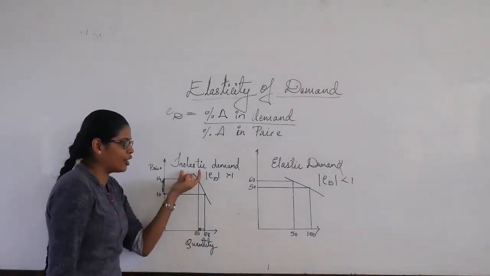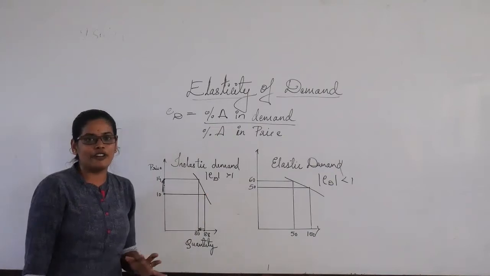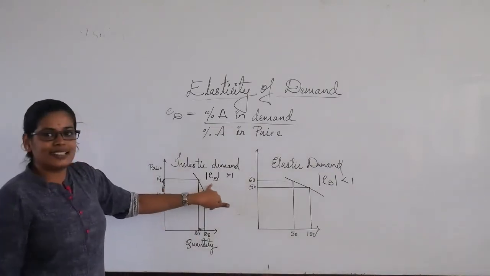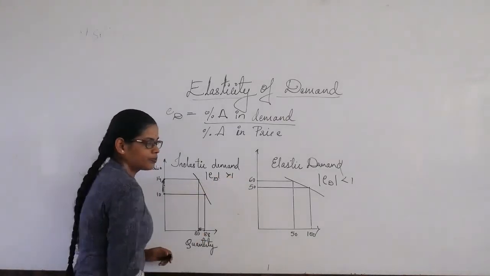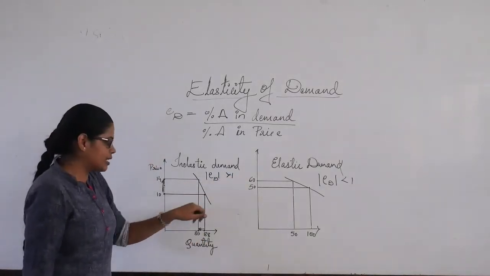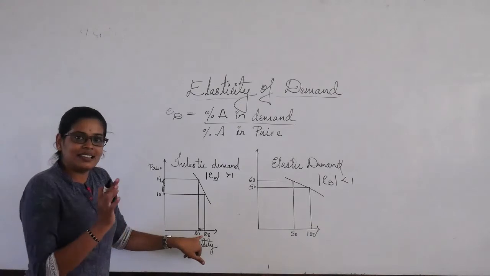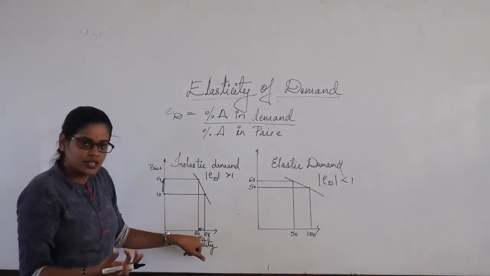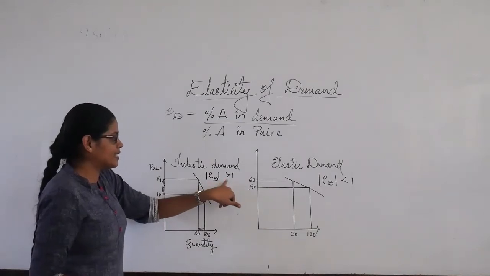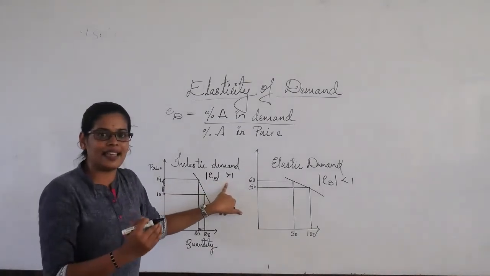That's the reason we call it inelasticity of demand. Inelastic demand will be all less than 1, because we cannot see much difference happening. So the elasticity will be less than 1.